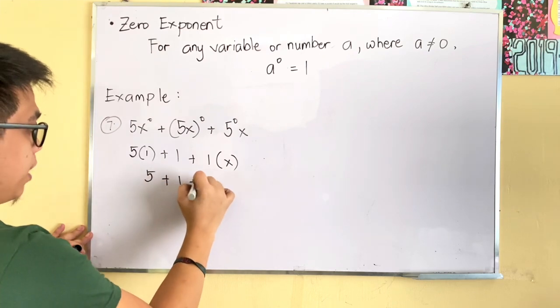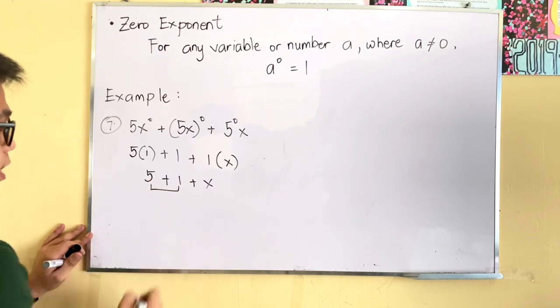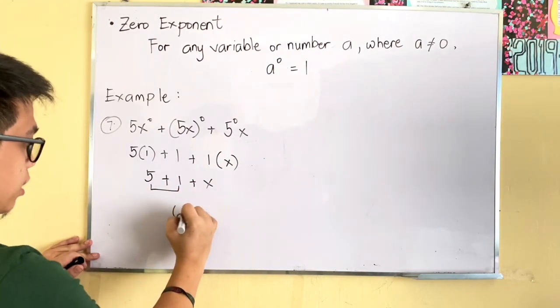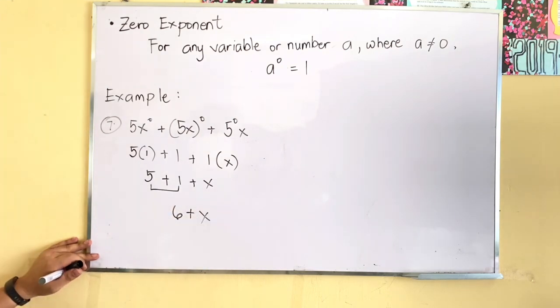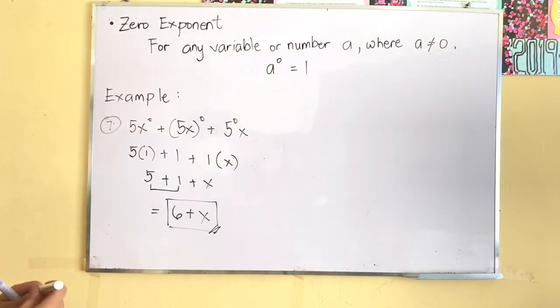Plus 1 times x is x. So, adding the numerical values, 5 plus 1 is 6 plus x. So, this is our final answer. Understood? Very good.